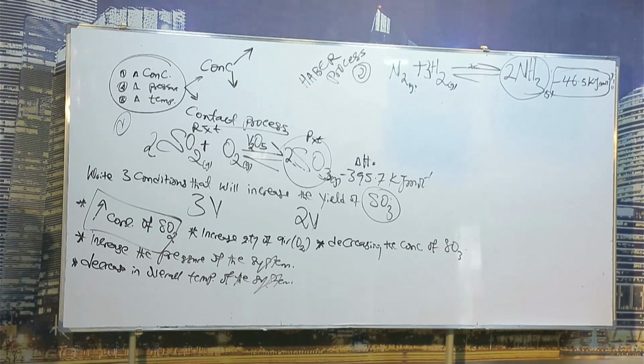I will check the people at the back. Write the conditions that will increase the yield of ammonia. That's if you know the one that is ammonia. Ammonia is the one with NH3. Write the conditions that will increase the yield of ammonia.